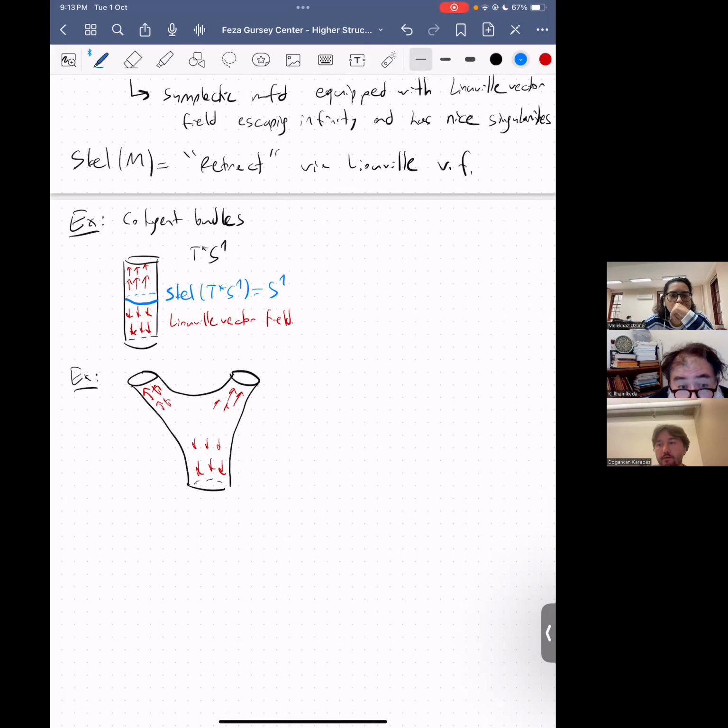If you retract this one back, you get this kind of singular subspace, which is the skeleton. So each Weinstein manifold comes with a possibly singular skeleton.